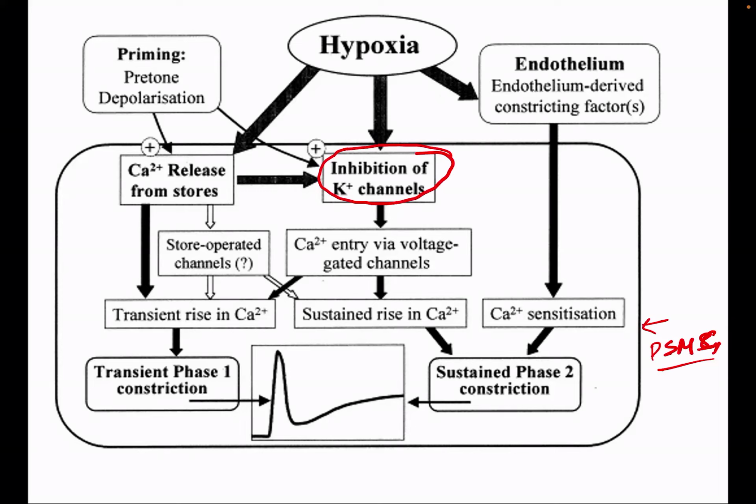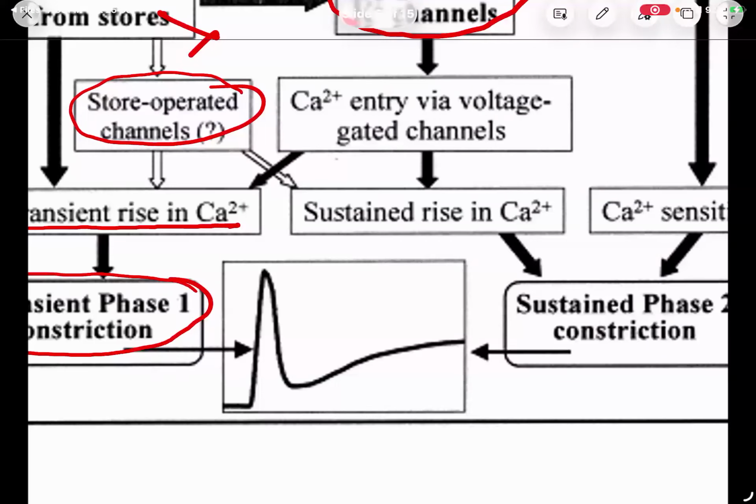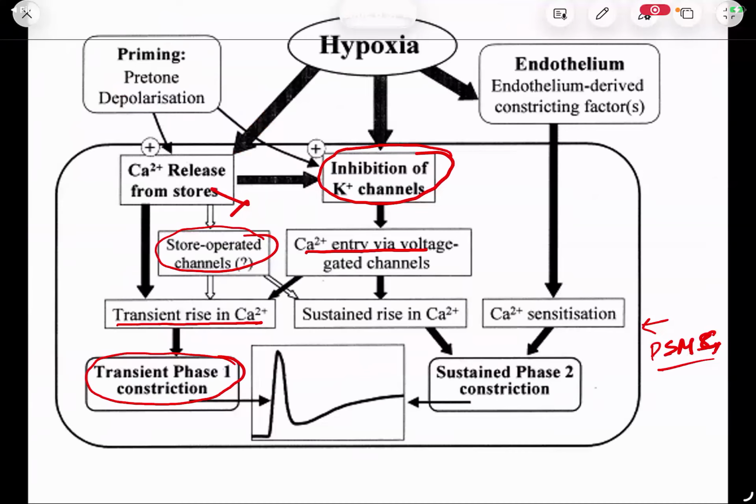On inhibition of the potassium channels, there is increased release of calcium from the stores. This leads to a transient rise in calcium, which leads to the transient phase 1 constriction. Once this happens, calcium starts to enter via the voltage gated calcium channels also, and there is a sustained rise in calcium. This eventually leads to a sustained phase 2 constriction. So these are the two phases.